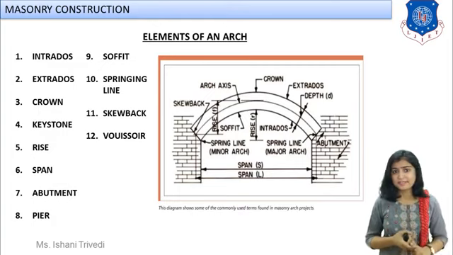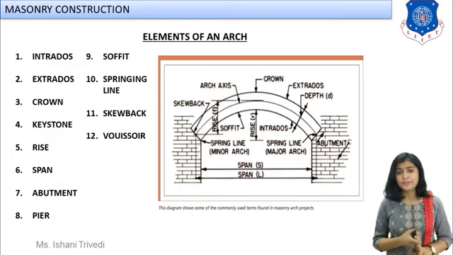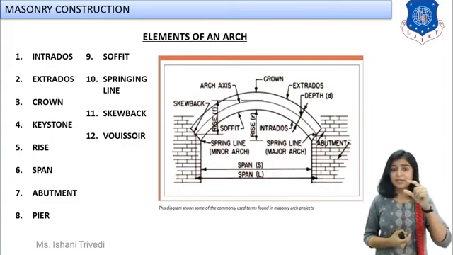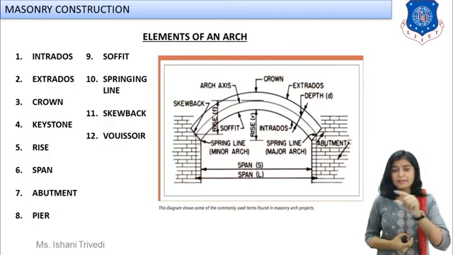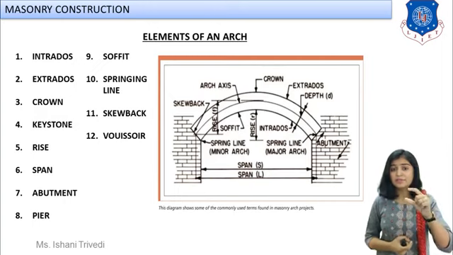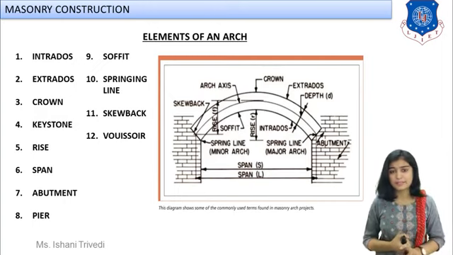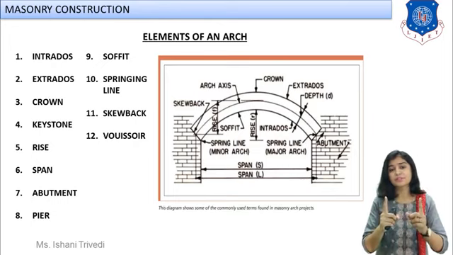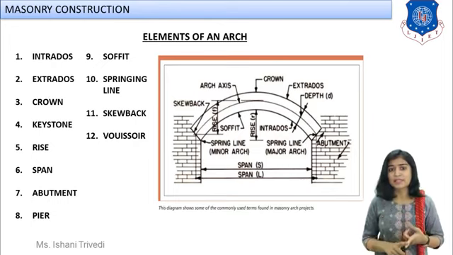The name itself says how to define them. The vertical distance between the intrados of the arch and the line joining both the supports, the clear vertical distance, is known as rise. And likewise, the clear horizontal distance between the two supports of an arch is known as span.